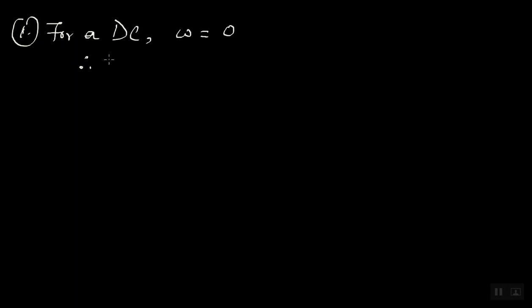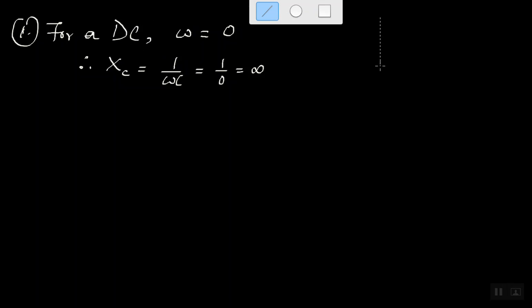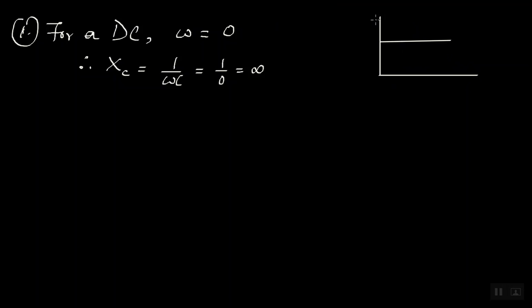So therefore, xc, which is 1 by omega c, this will be what? It will be 1 by 0, which is infinite. Yes or no? What does this mean? A DC is direct current, okay? If you look at the graph of a DC, it is like that. It does not change with time, it is constant with time.